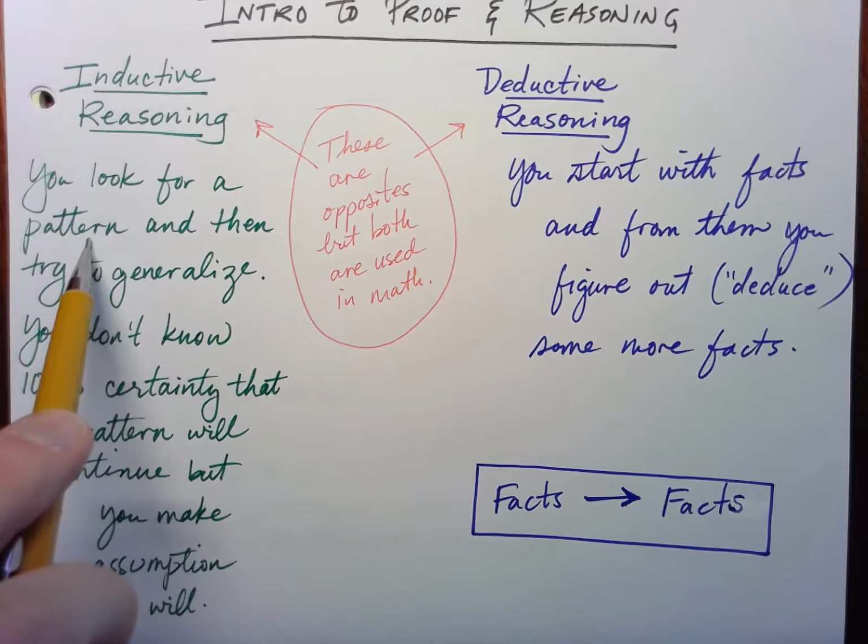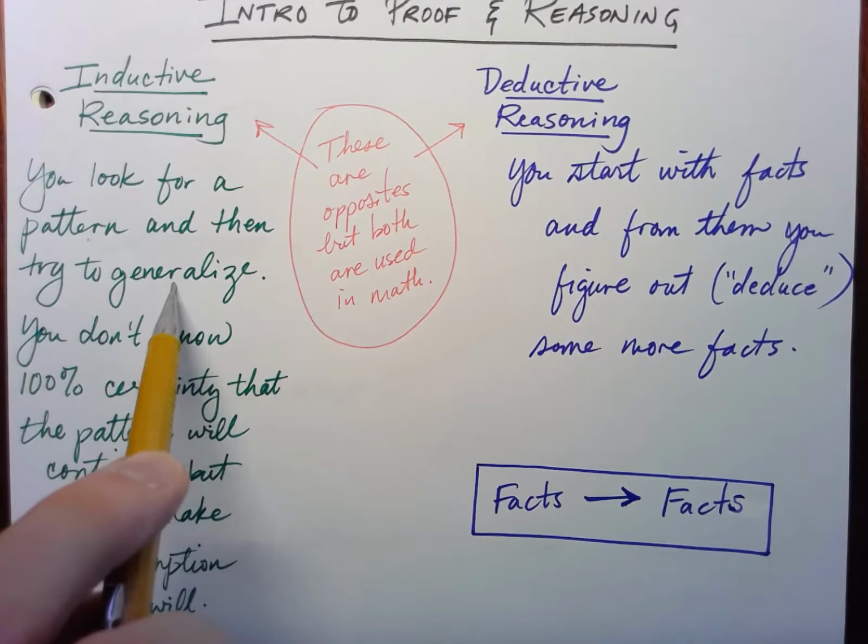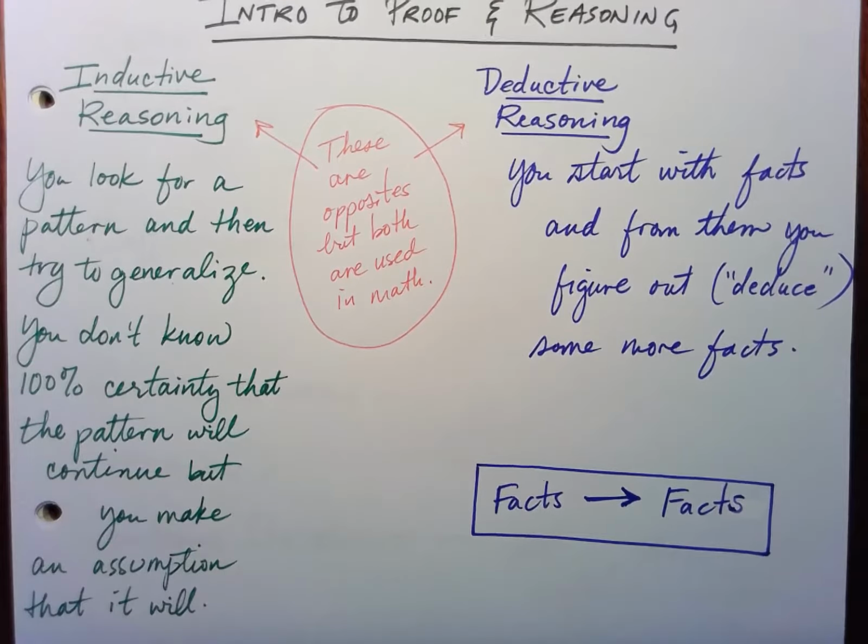And then based on those patterns, you try to generalize what the patterns are telling you. Now, you don't have 100% certainty, so I want to say that again. You're not 100% black and white certain that the pattern is going to continue, but based on the information you're given, you make an assumption that it's going to continue.